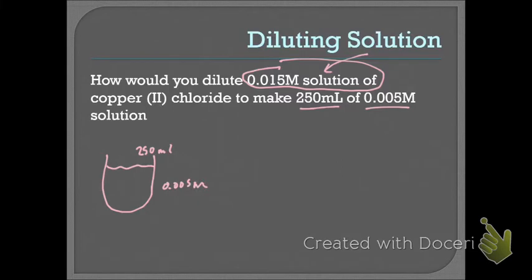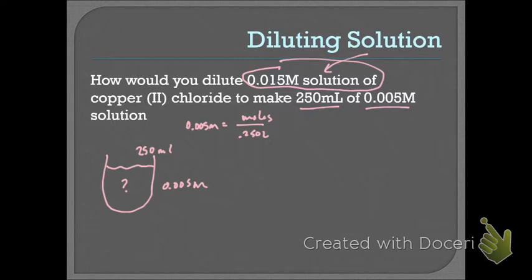The first thing I'm going to do is figure out how many moles of solute that is going to be. So 0.005 molar equals moles over 0.250 liters, right? 250 milliliters converts to 0.250 liters, and this will get you to moles. So you've got 0.005 times 0.250.